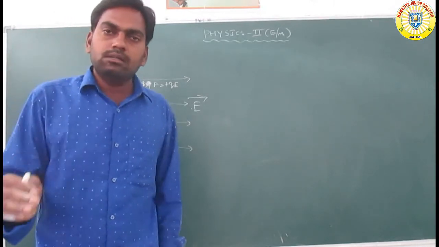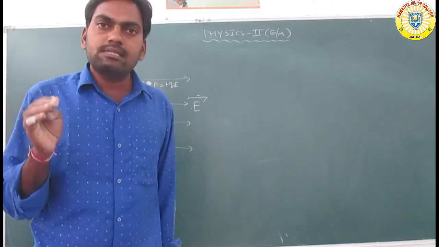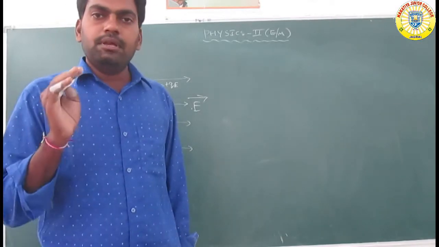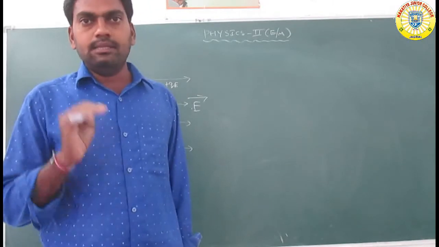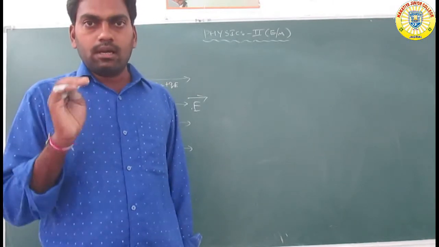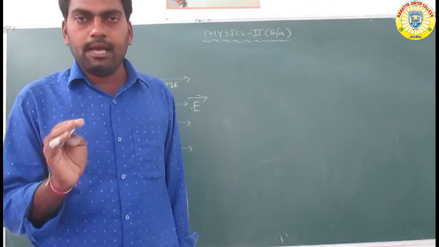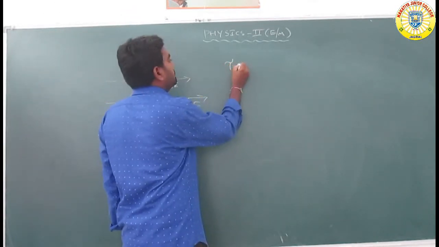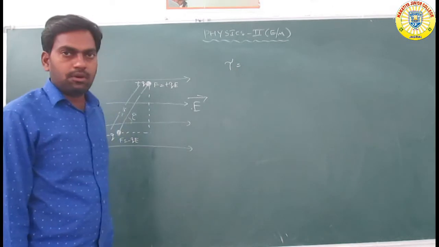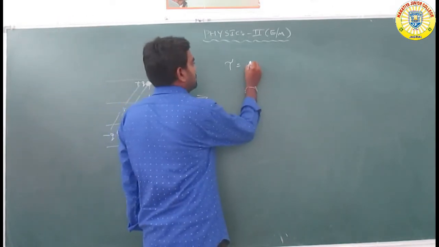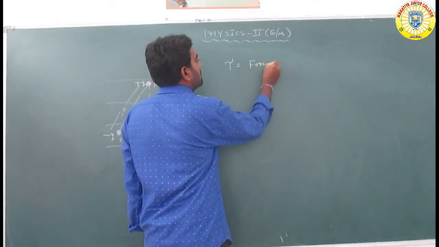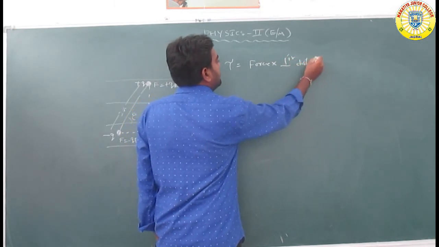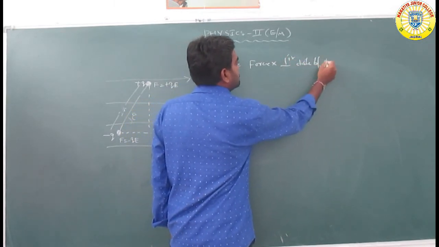That means the torque is produced on the dipole by the uniform electric field. According to the formula, torque tau is equal to any one of the forces into the perpendicular distance between the two charges.